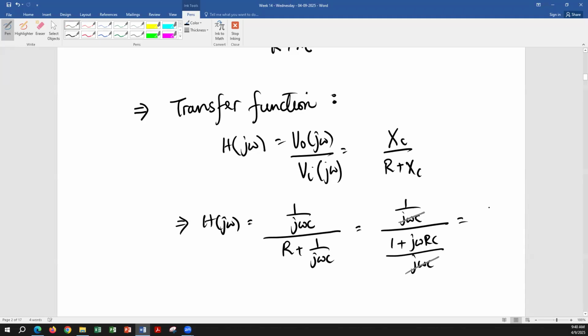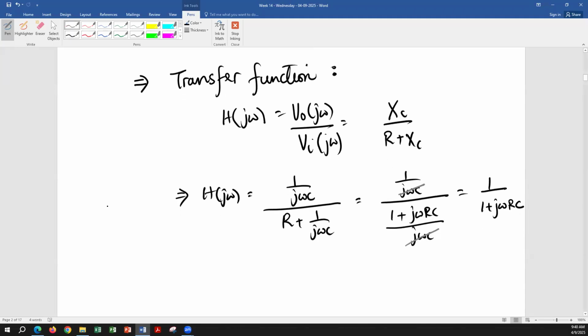And we're going to get 1 over 1 plus j omega RC. So this is the transfer function of the low pass filter.